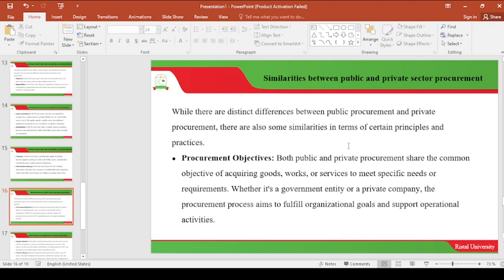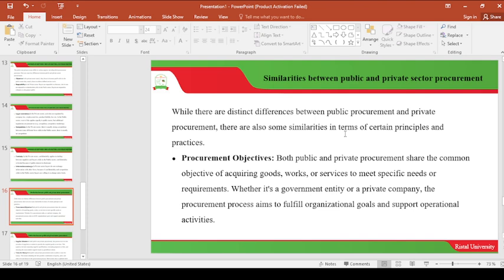Yes, we talked of the objectives: the objective of public procurement is to provide services to its people, and the objective of the private procurement sector is to maximize profit. So both public and private procurement share the common objective of acquiring goods, works, or services to meet specific needs or requirements.